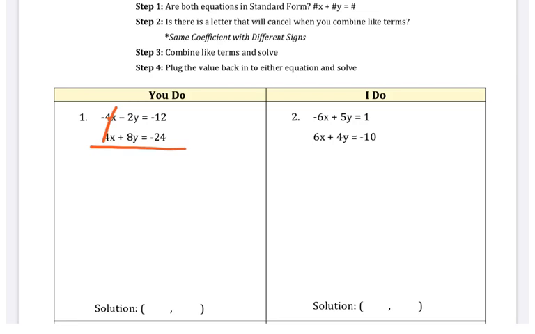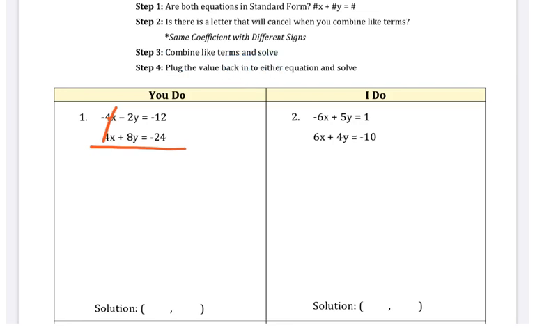Is there a letter that will cancel when you combine your like terms? It has the same coefficient with different signs. The 4 is the same, but this is a negative 4 and this is a positive 4. That's what makes this cancel.